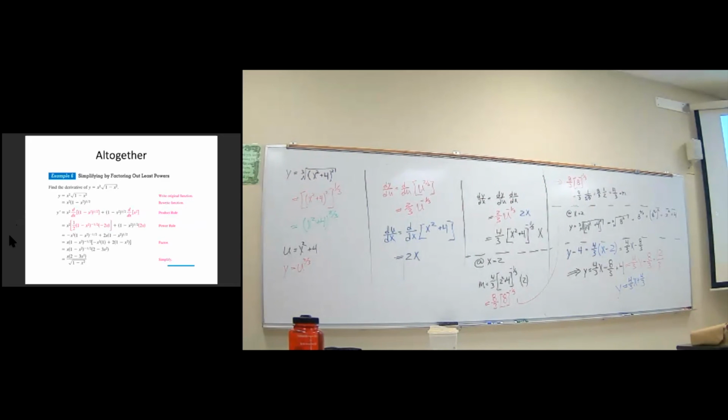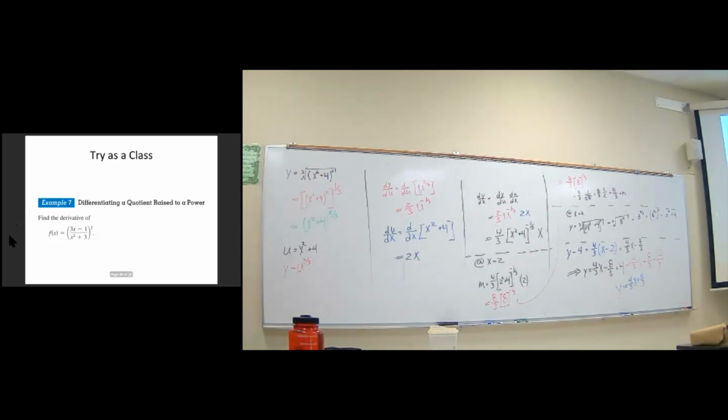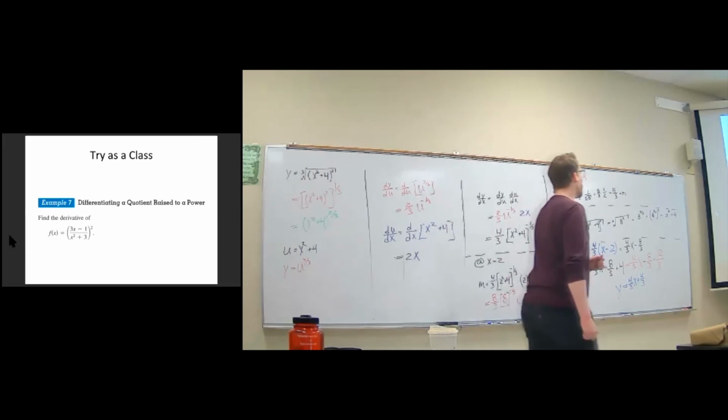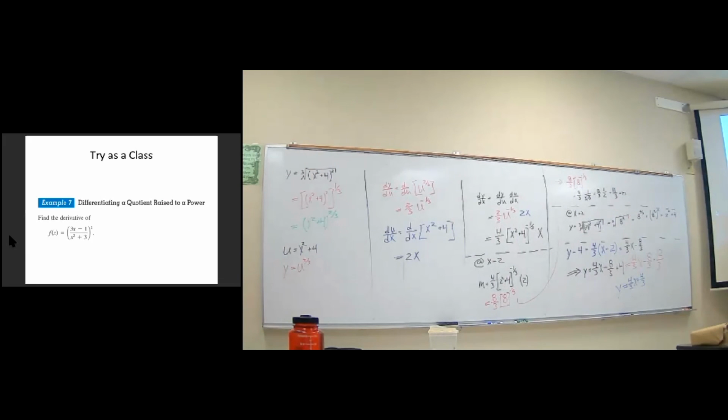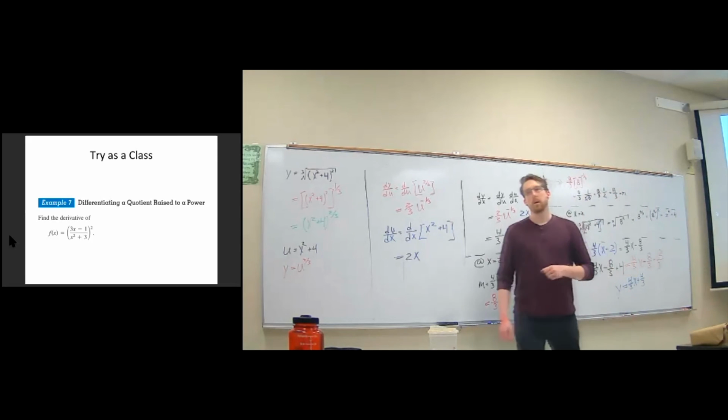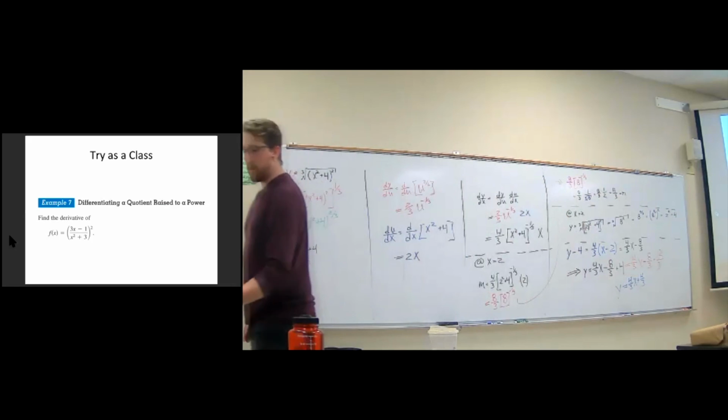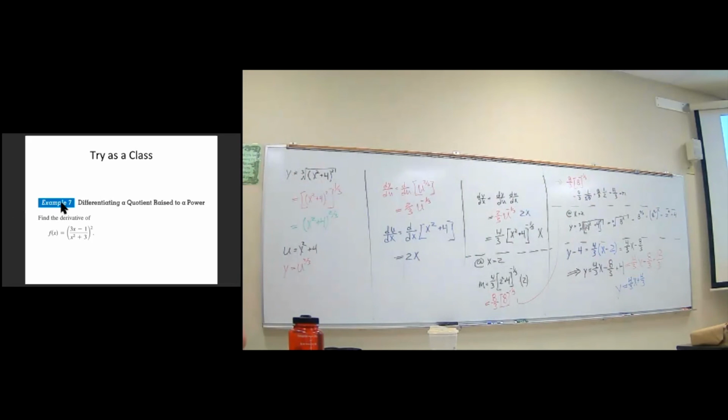What else did I want to go through? So a quotient raised to a power, we could go ahead and distribute that power all the way through. Sometimes that's a good idea, sometimes it's not. If we don't, then here we could just apply the chain rule directly, right?